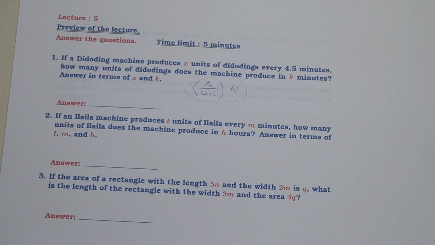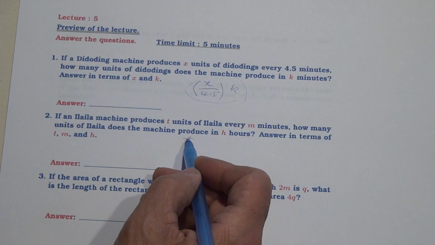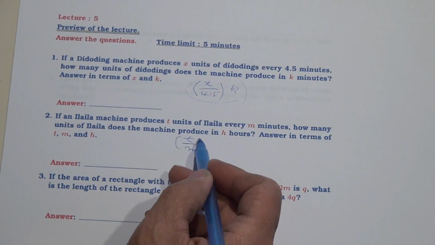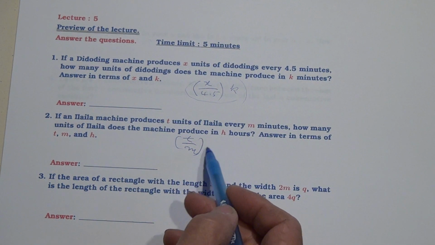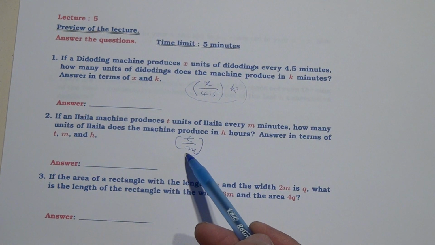Okay, did you try? T units every M minutes means what? T divided by M will be the per minute number of products made by the machine. And then H hours. If you multiply H here, that's totally wrong. Why?